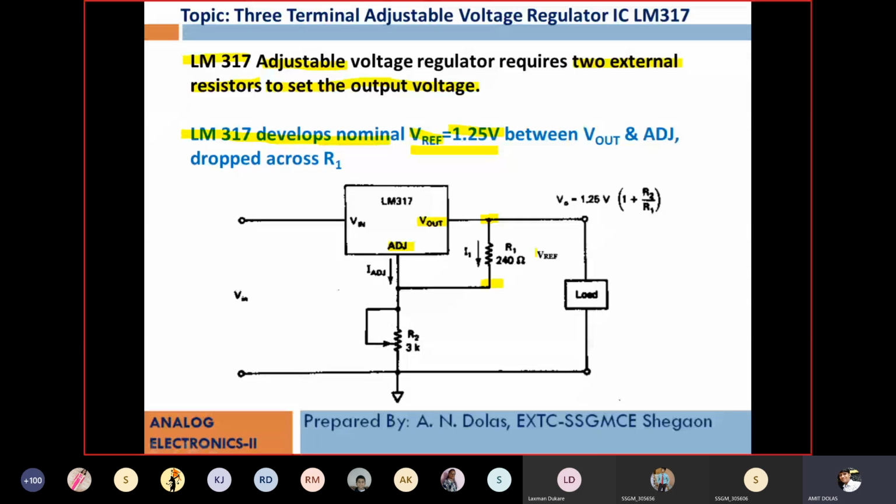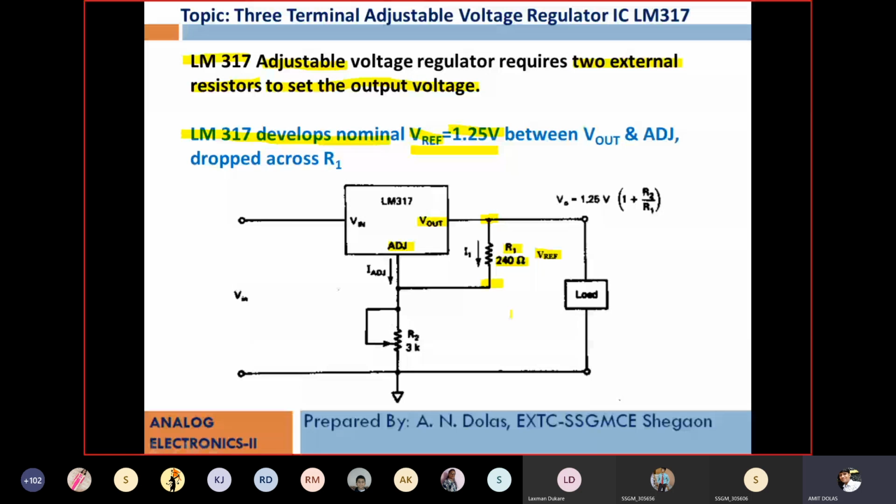So this V reference is developed across V out and adjustment. Looking at the diagram, it is developed across resistance R1, which is 240 ohm, as recommended by the manufacturer. We take 240 ohm to provide good load and line regulation. So 1.25 volt is developed across V out and adjustment, which is the drop across R1.